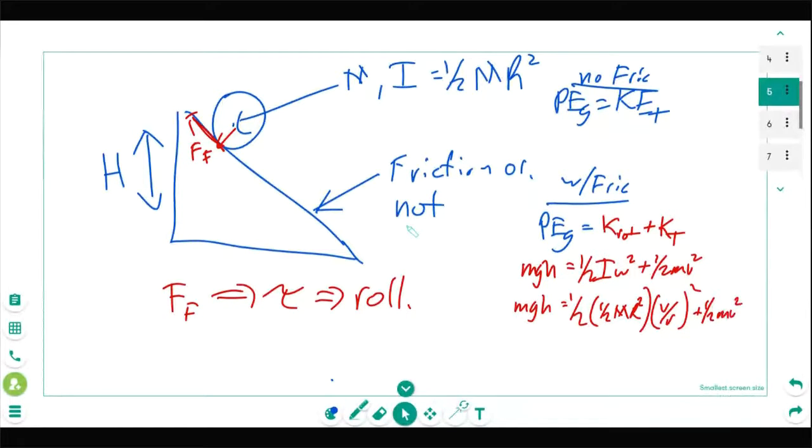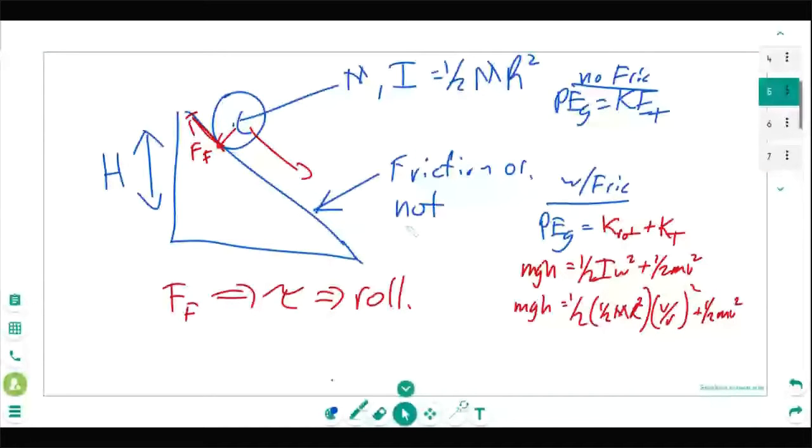So for no friction, that KE is definitely translational. There's no way you can roll. Without friction, we don't get any sort of rolling motion. All you get is sliding on there, okay? For the with friction part, this thing is still going to move sideways.